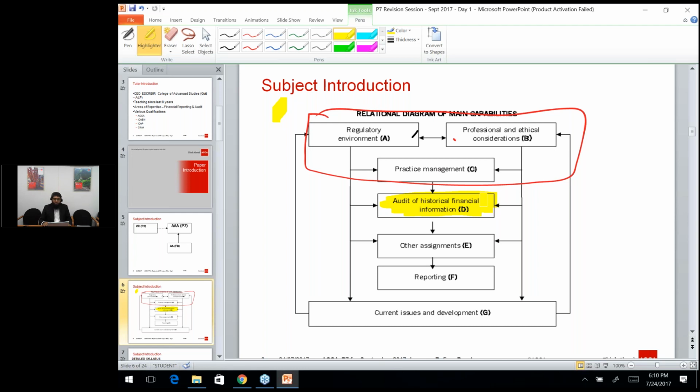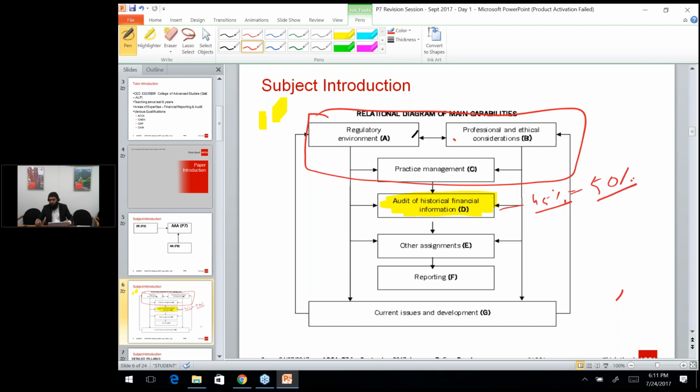The same goes for paper P7. Paper P7 is actually all about section D, because from the exam perspective, section D is around 45% of the paper, or at times about 50%. So that's how it is.